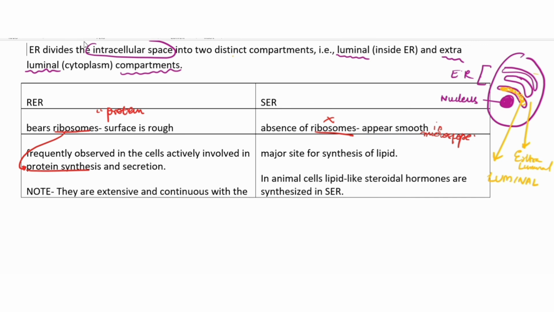Rough endoplasmic reticulum, I told you it is near to the nucleus. It is present near the nucleus. Okay. So, talking about rough endoplasmic reticulum, since it is associated with ribosomes, they are found in cells which are actively involved in protein synthesis and secretion.